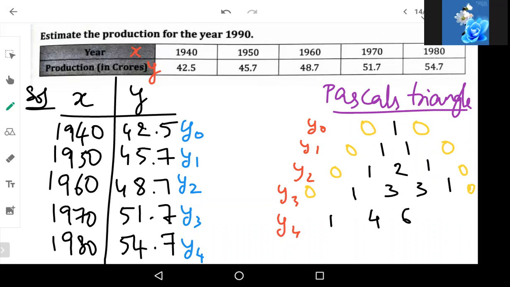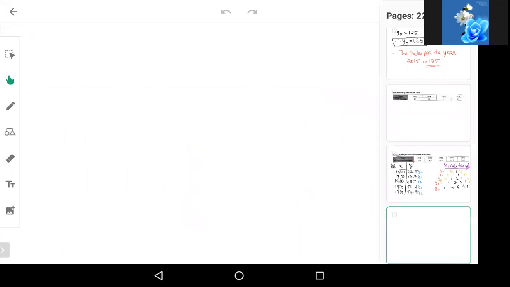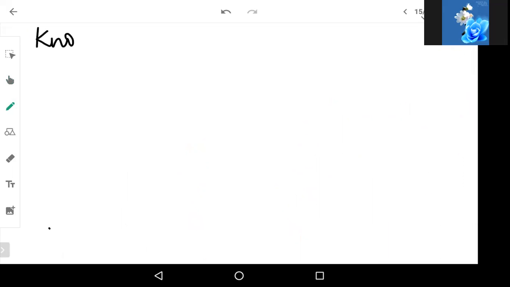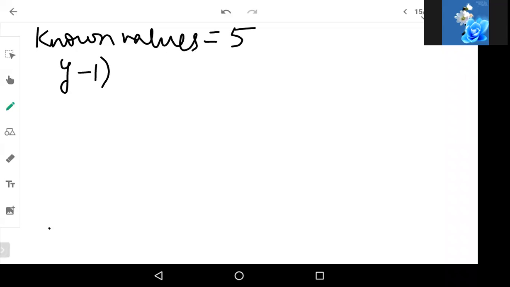Okay. Now after this, what are the known values? We have 5 known values. If you see here, 1, 2, 3, 4, 5. So we have 5 known values in this problem. So the known values is equal to 5, which is nothing but (y minus 1) to the power 5 is equal to 0.